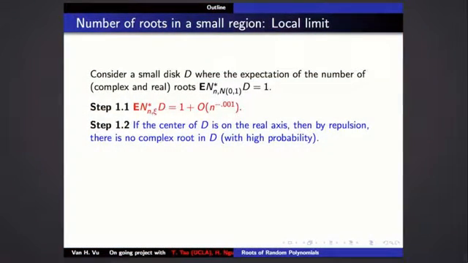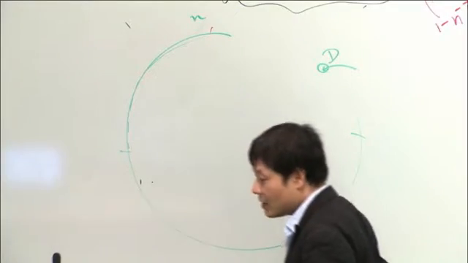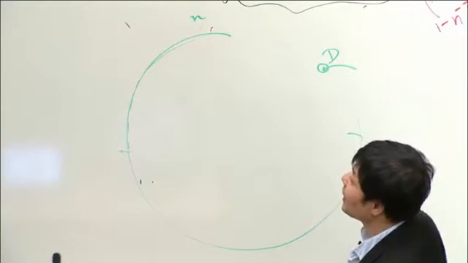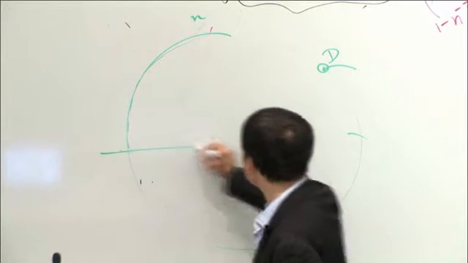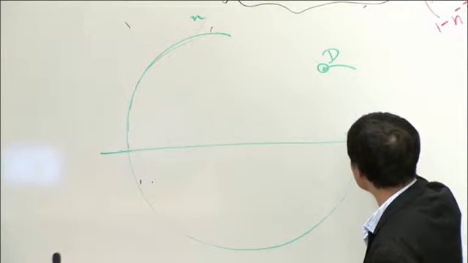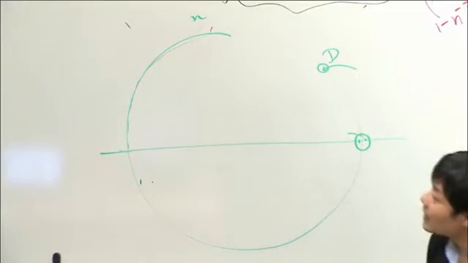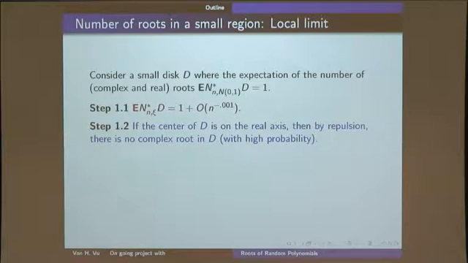But what is the point? This takes care of all kinds of roots, real and complex alike. But if you let D be close to the real line, then by repulsion, if we have a real root there, there's no complex root. So if we expect to see 1 real root in D in the Gaussian case, we also expect to see 1 real root in the other case as well, because there's just no complex root by repulsion.